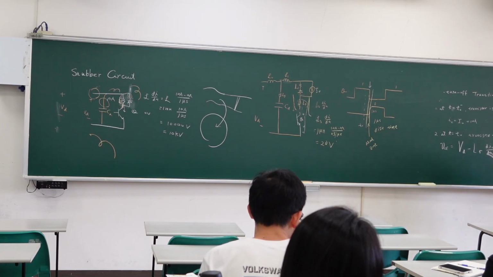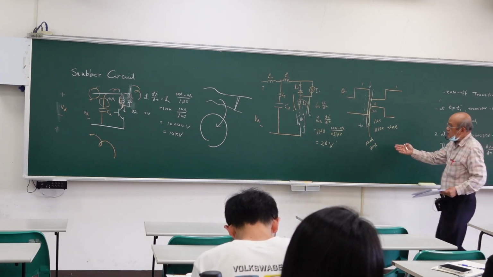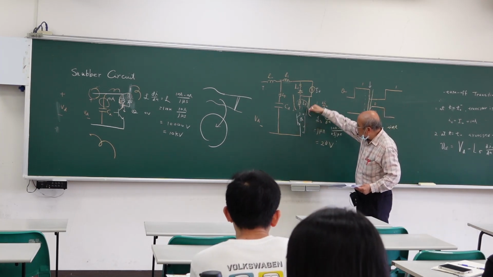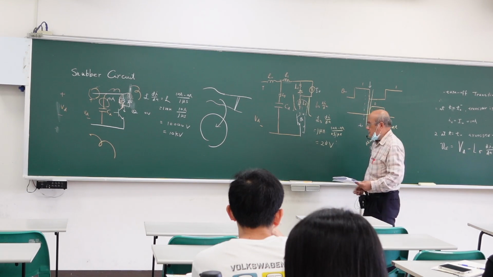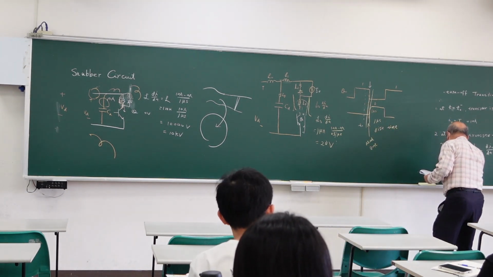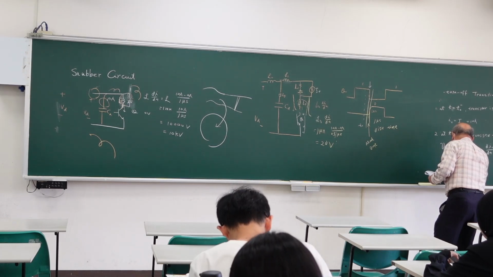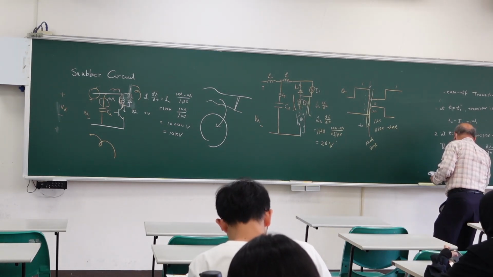Okay, so the voltage increases. And what is the current? Because the transistor turns off, the current flowing into the transistor decreases. So dIC/dt is negative.